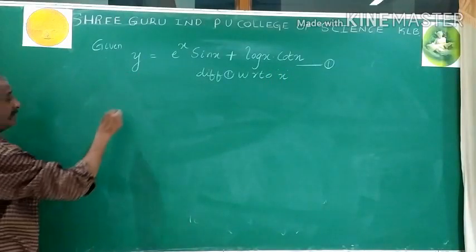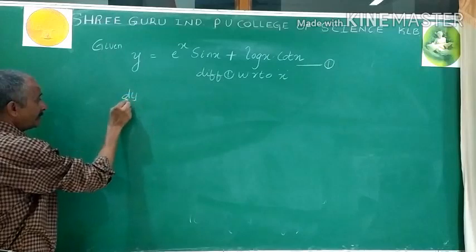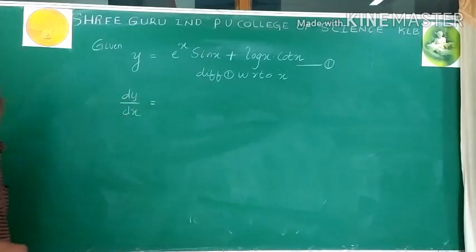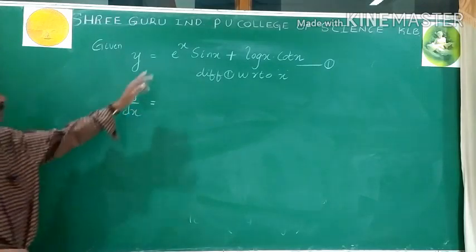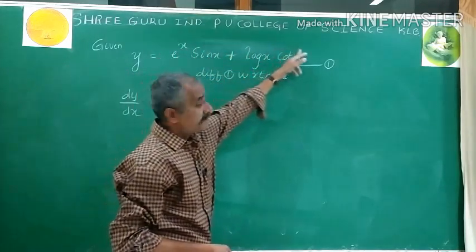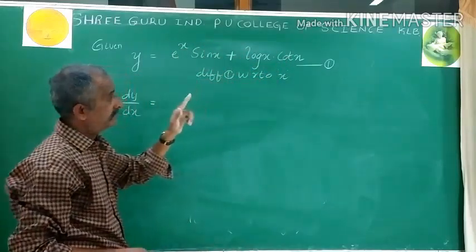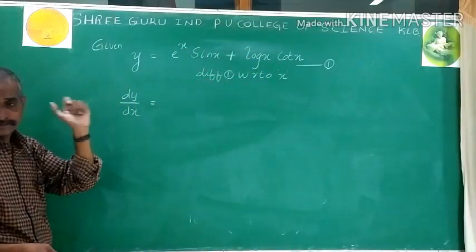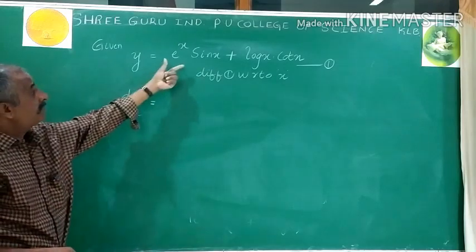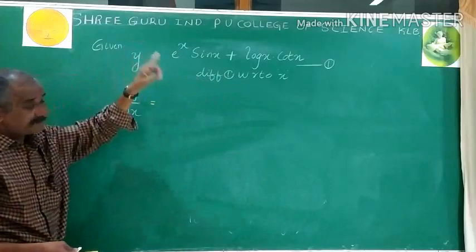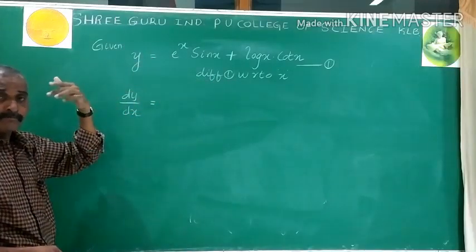On the left side, any notation can be taken, but we shall take dy by dx as it is asking in that format. On the right hand side, when you observe, the overall expression contains a sum. So first we shall apply the sum rule, followed by, for individual terms, the product rule. First sum rule, then product rule.